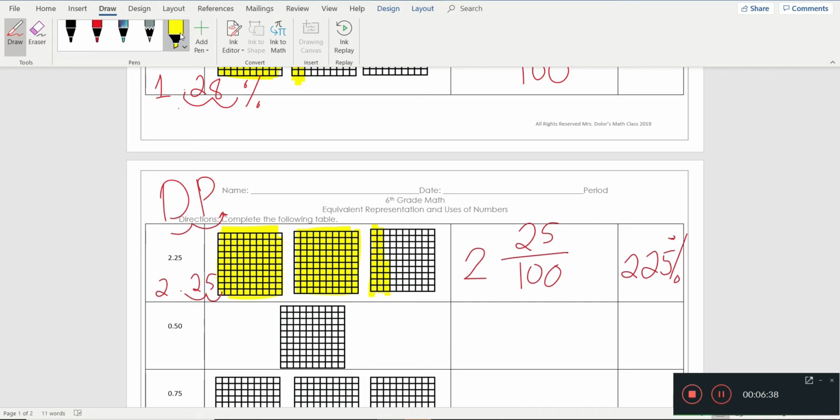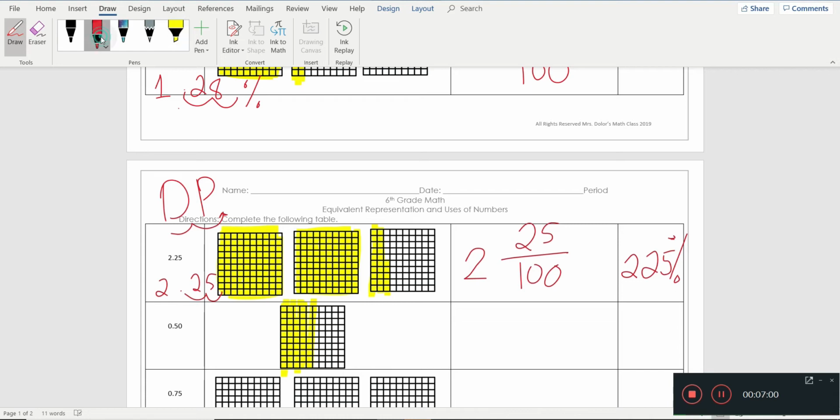Okay, next example is 50 hundredths. So therefore it's 50 out of 100. So I'm going to shade here 50. 10, 20, 30, 40, and 50. Okay, so I have now here 50.